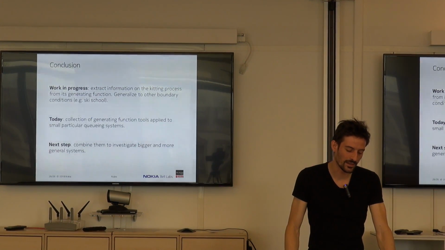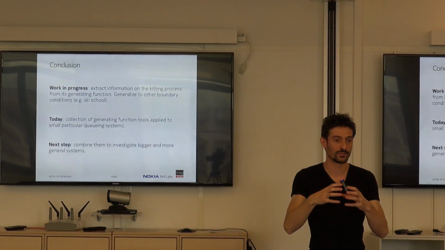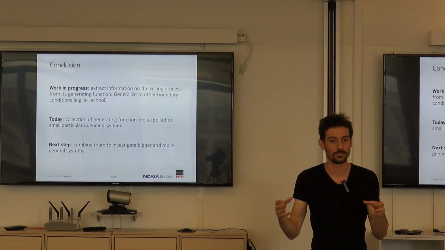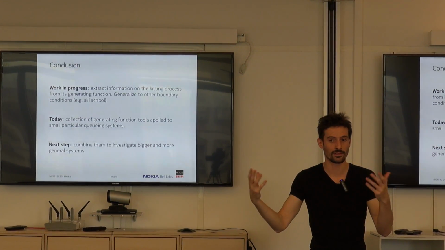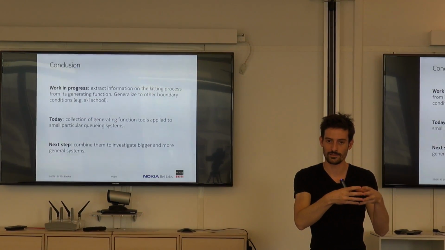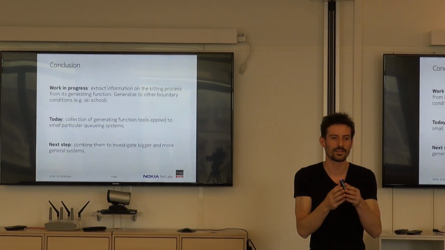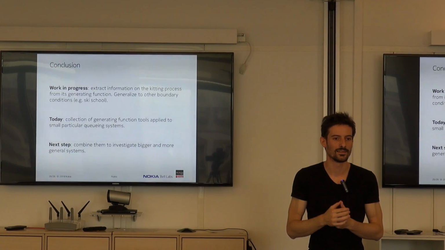And also, when you have one generating function representing one object, you can combine it with another generating function because you lost nothing in the process of getting this generating function. With probabilities, it can be more tricky.